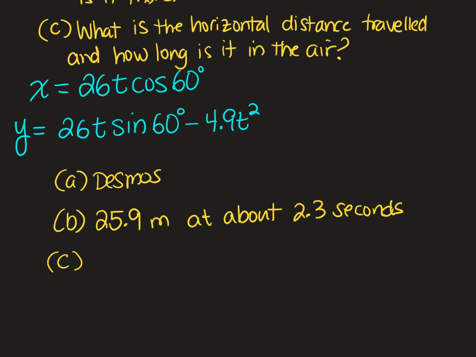After we zoom in, we can get an estimation of about 59.8 meters. I keep saying feet. Zooming way in got us a little bit closer. It doesn't have to be perfect, but somewhere along those lines.